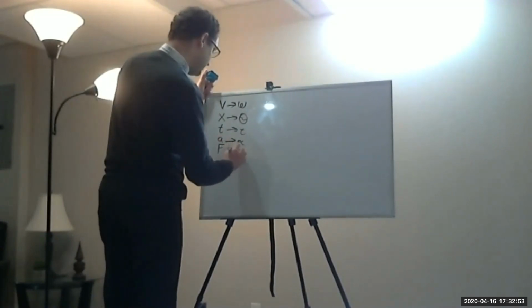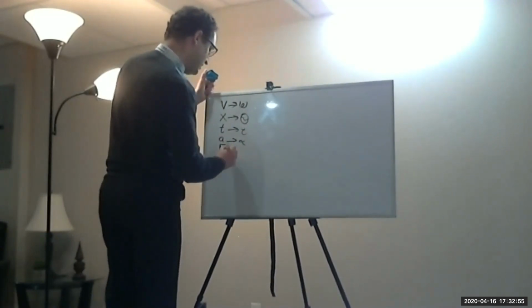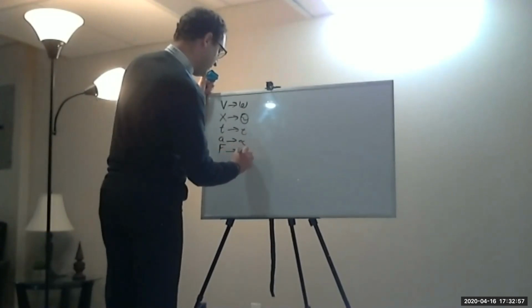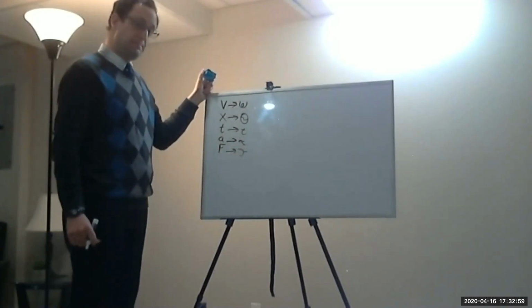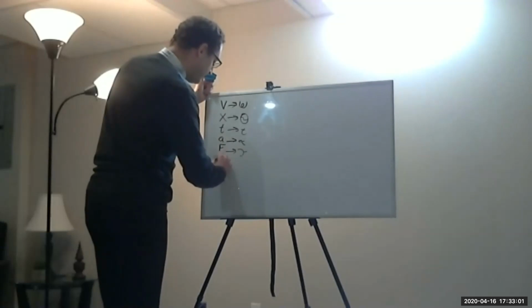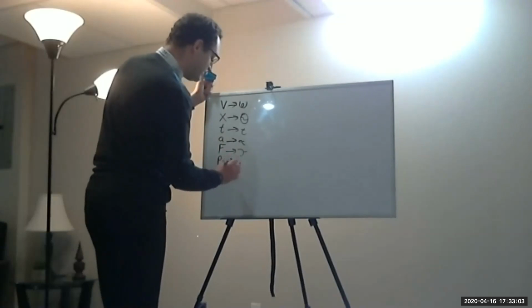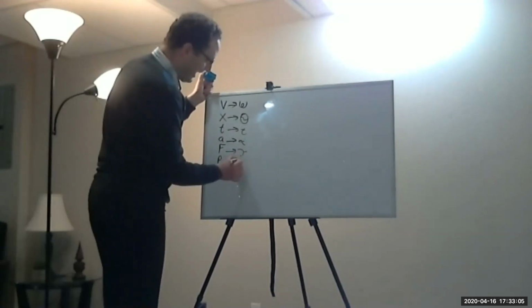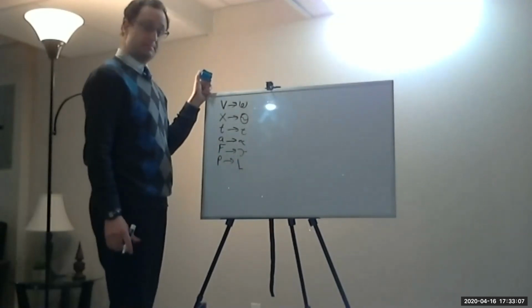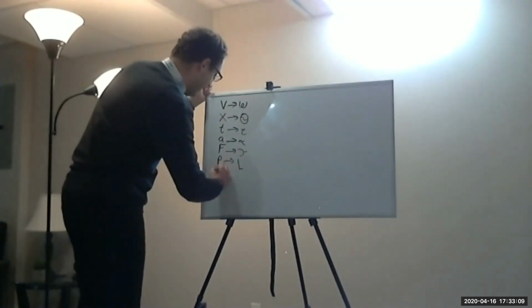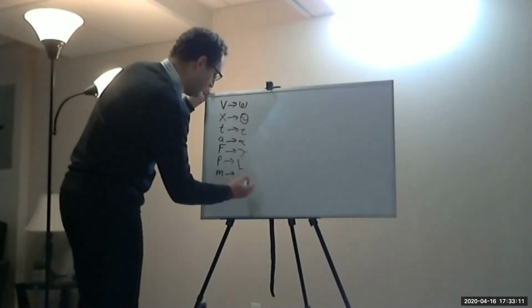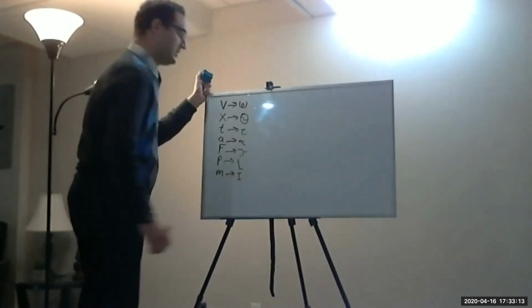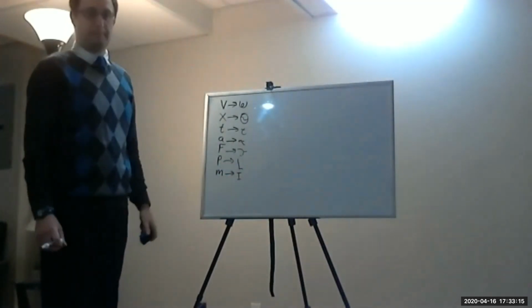F for force becomes torque, tau. Okay? P for momentum becomes L for angular momentum. And M for mass becomes I, which we call the moment of inertia, right?